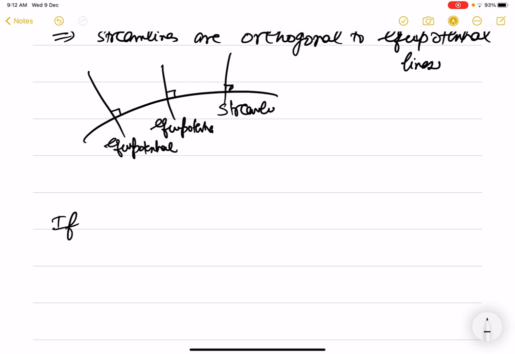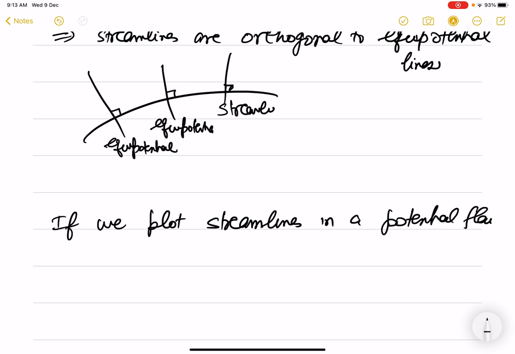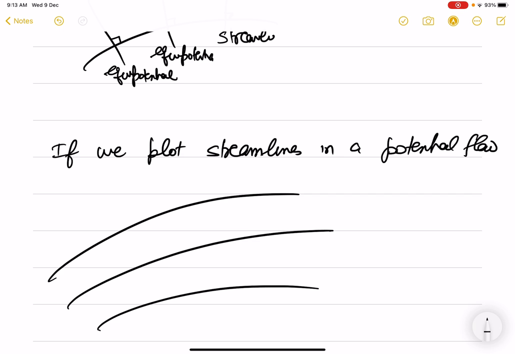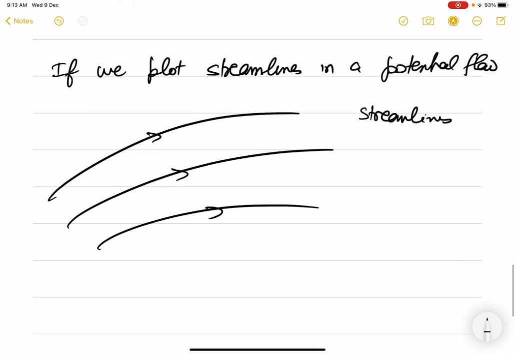If we plot streamlines in a potential flow, so if this is a streamline, let us say each of these represents a streamline. Now what we know is that flow cannot cross a streamline.